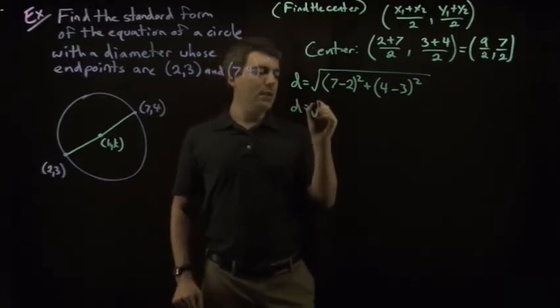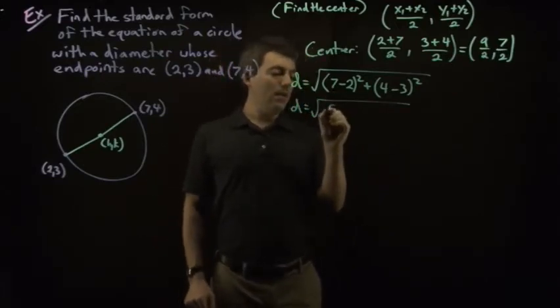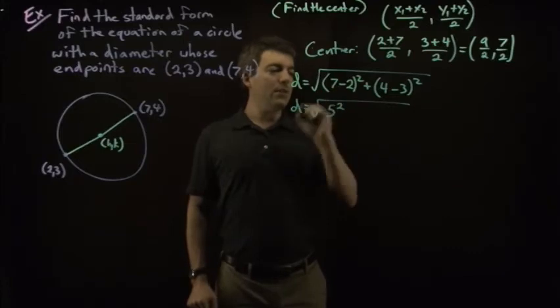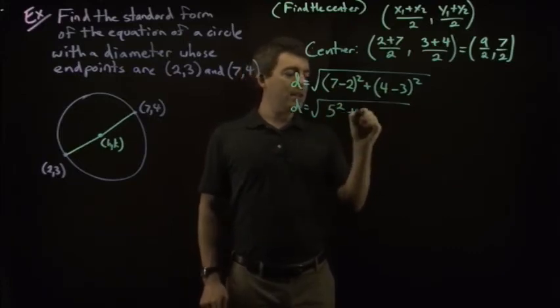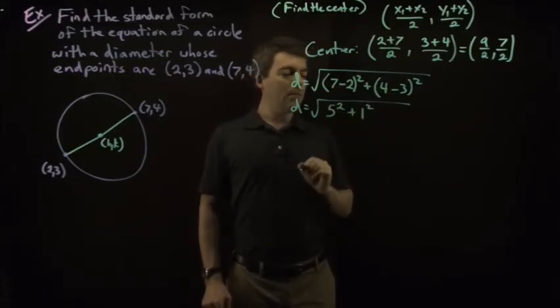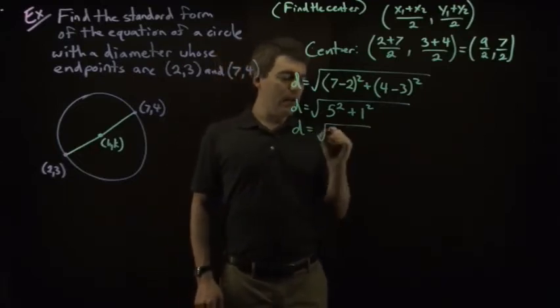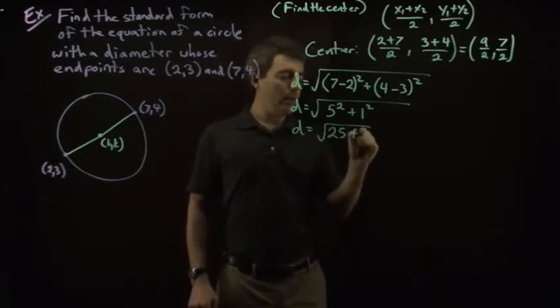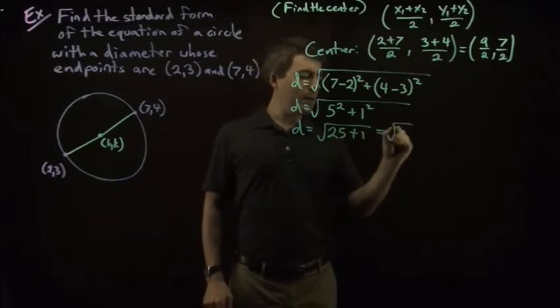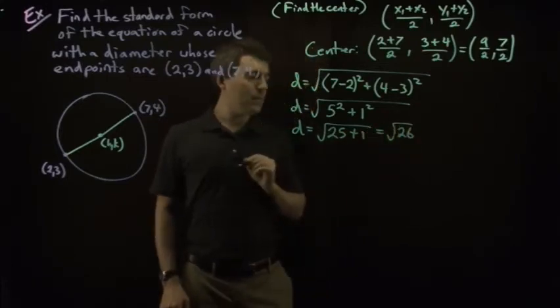So the distance is the square root of 5 squared plus 1 squared. The distance is the square root of 25 plus 1, that is the square root of 26.